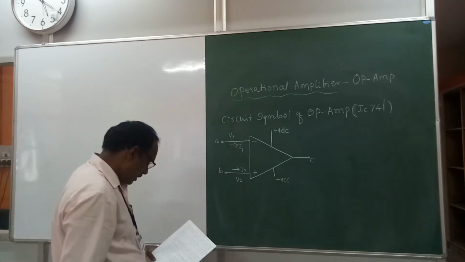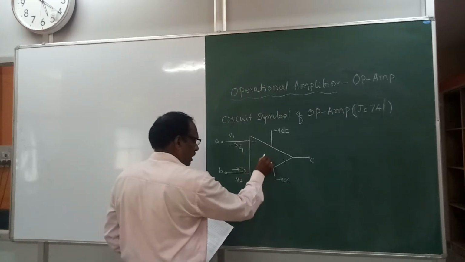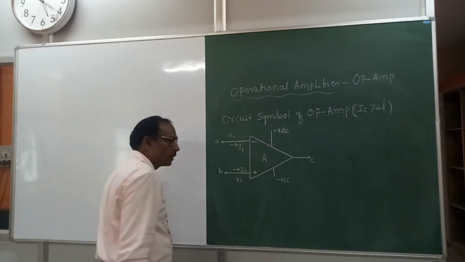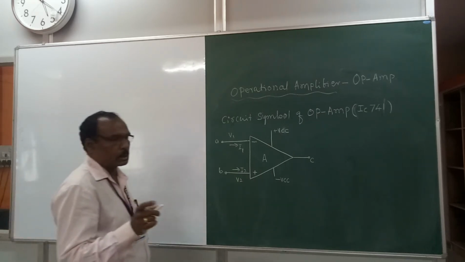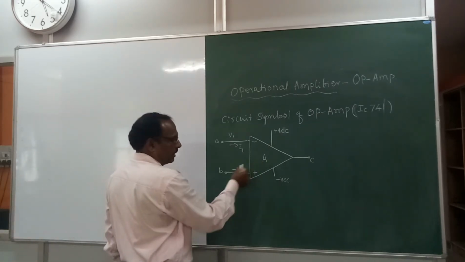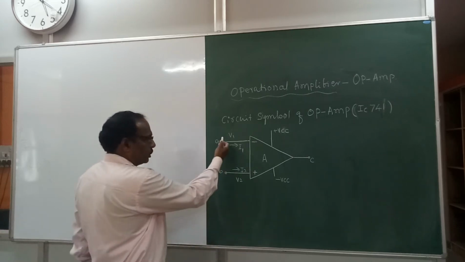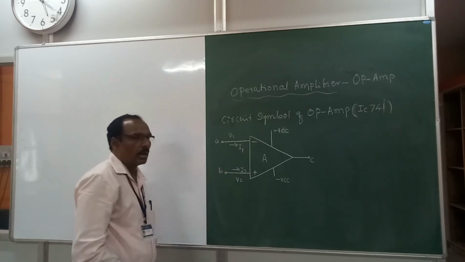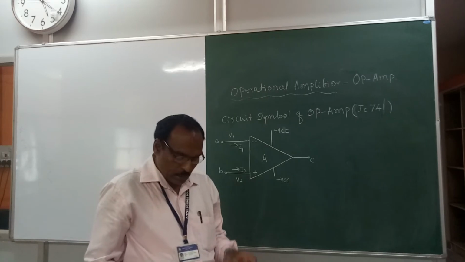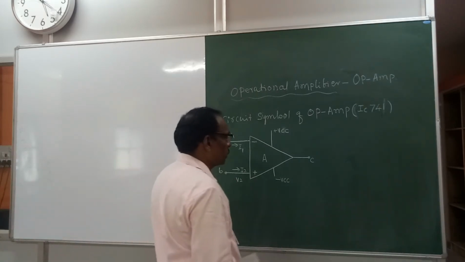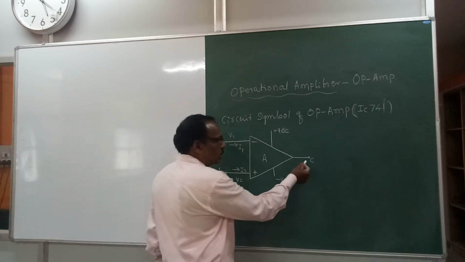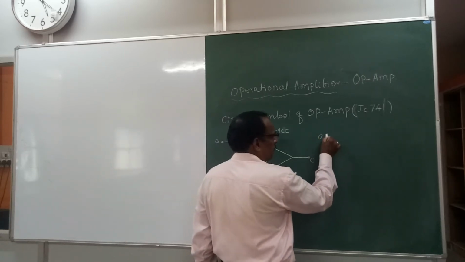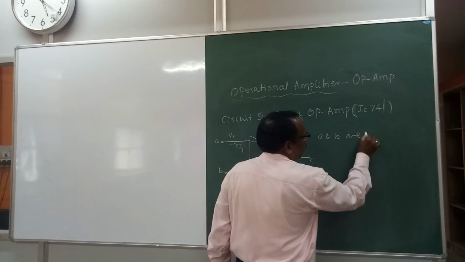Right. Here we can write A, the open loop gain of an amplifier, with 2 inputs and 1 output. So terminals A and B are the inputs and terminal C is the output.